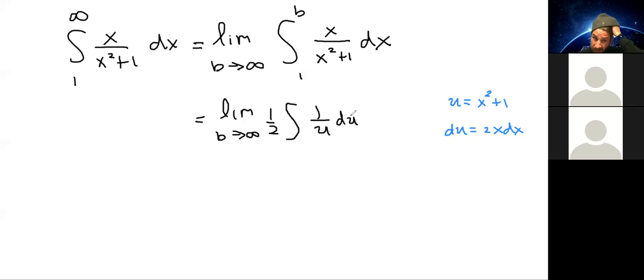Now, what are the bounds here? If x is 1, the bound here is 2. And if x is b, this is b squared plus 1.